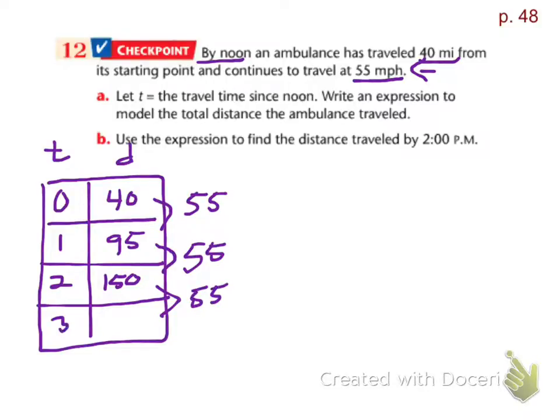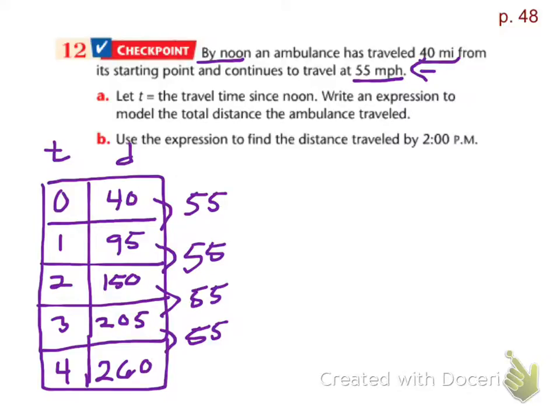So that would be after 3 hours. So if I'm adding that on, that's going to give me 205. And then maybe if we needed to, after 4 hours, add again 55 onto that, that's going to give me 260.